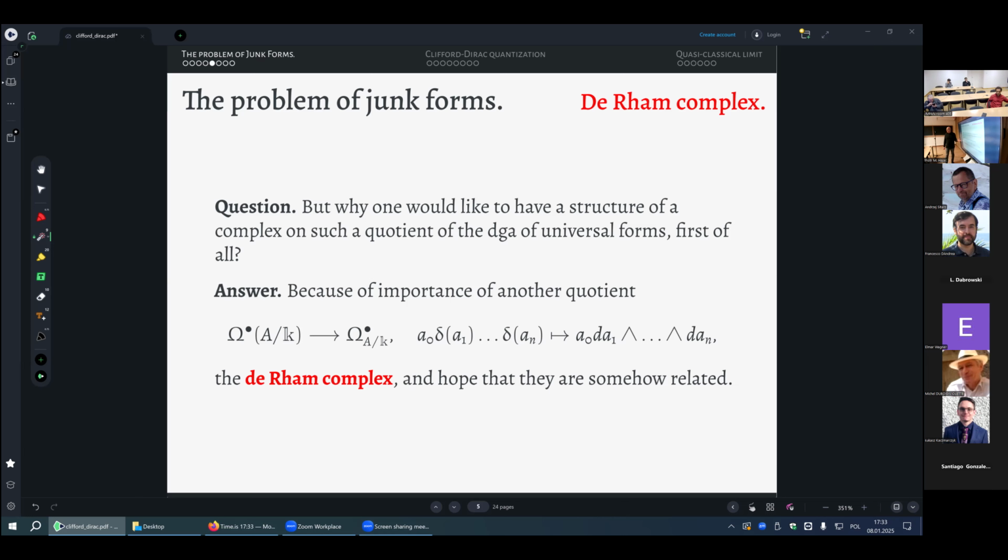And my answer is that people are hypnotized by the de Rham calculus. And when they see something which is even tangentially related to this, they want to extend what they would like to have in this situation.